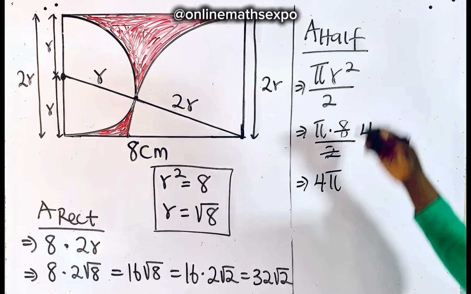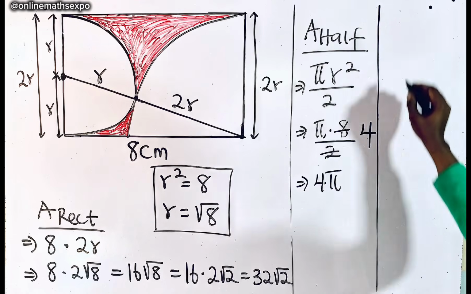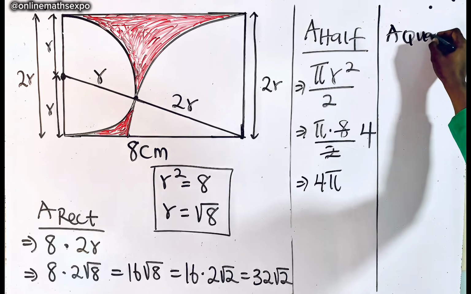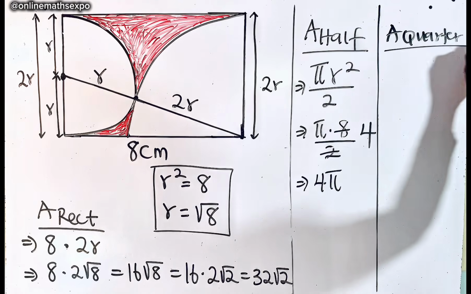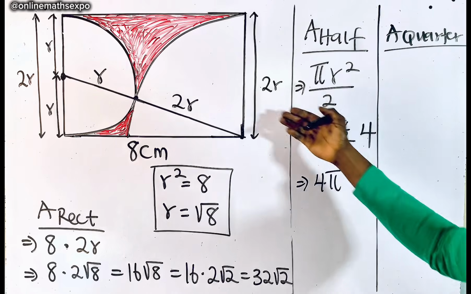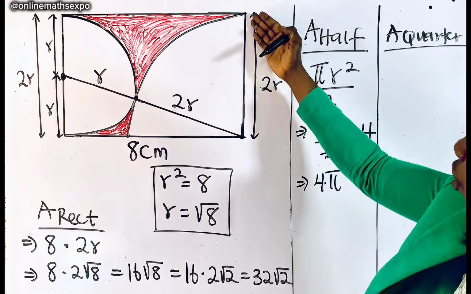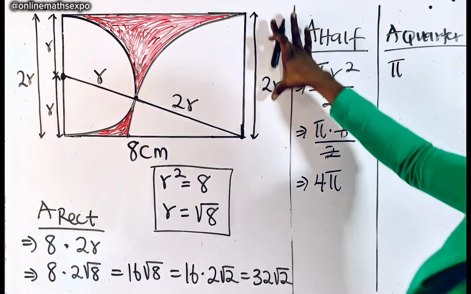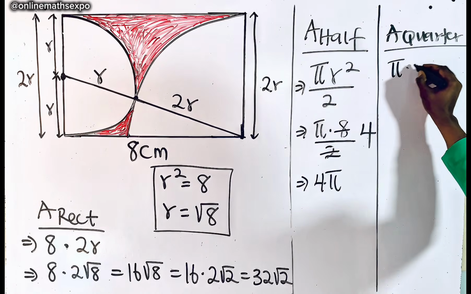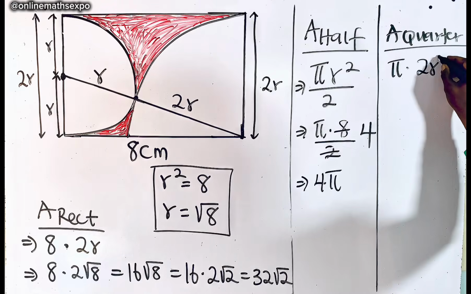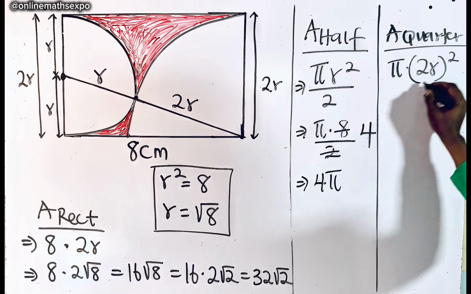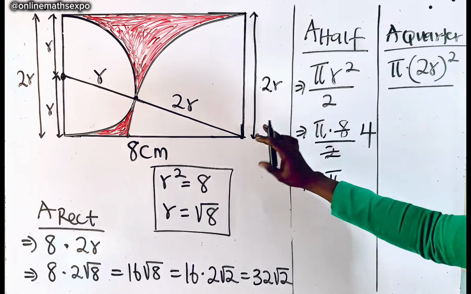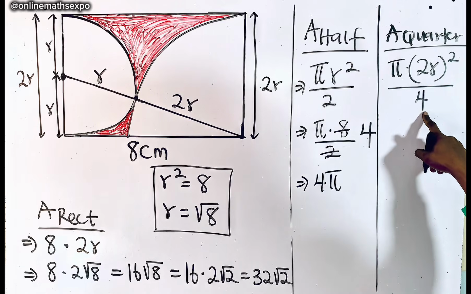So let's get the area of the quarter circle. We now have for the quarter circle, the area is going to be, this is the quarter circle. So this is what we have for the radius, and it's going to be pi multiplied by 2r, then you square it, and it's divided by 4. For a quarter circle, you divide by 4.